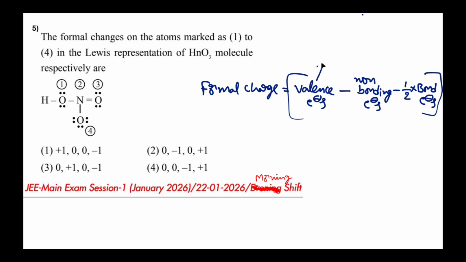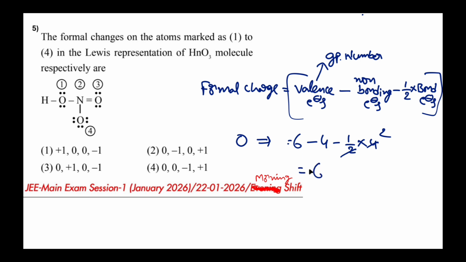The valence electrons are nothing but the group number of the atom. What is the first atom here? Oxygen. Oxygen's group number is 6, minus the number of non-bonding electrons, 4, minus 1/2 into bonding electrons. 2 bonds are there, total 4 electrons, so 1/2 of 4 is 2. So that is 6 minus 6, which is 0.